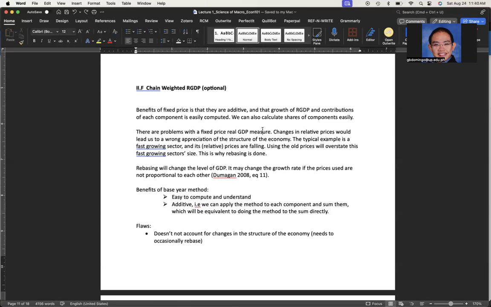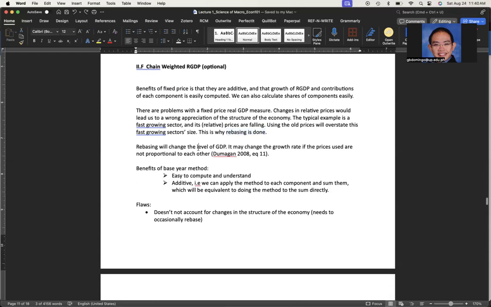So these are some of the reasons why rebasing is done, to get a more accurate view of the size of the different sectors and how much they're growing. So rebasing will change the level of GDP, and it may change the growth rate if prices used are not proportional to each other, right? So there are some issues with rebasing.